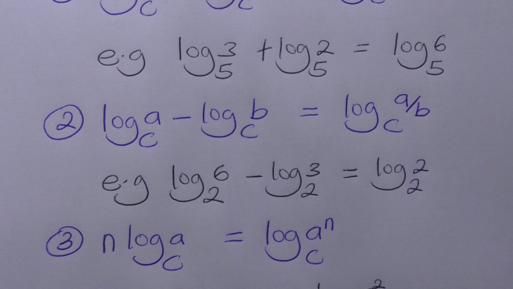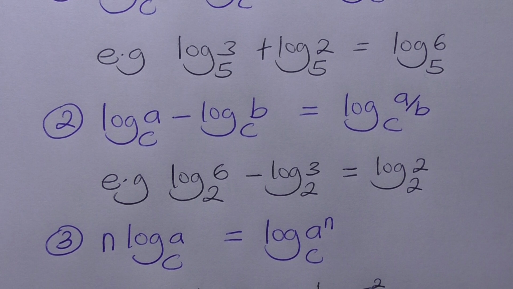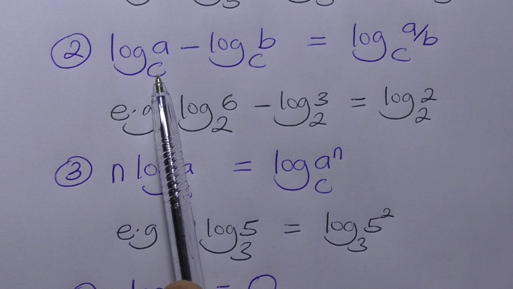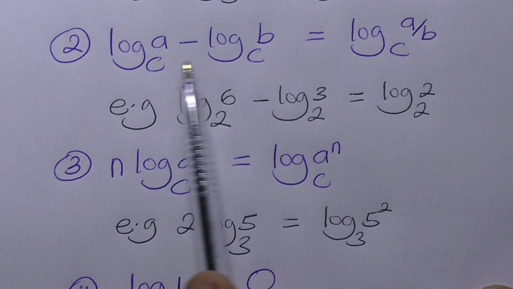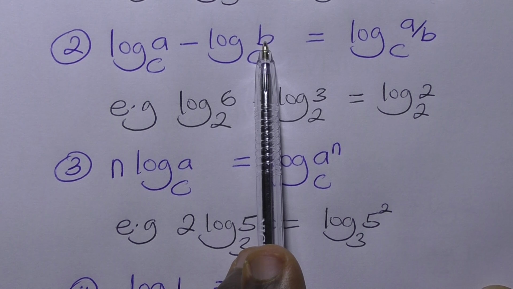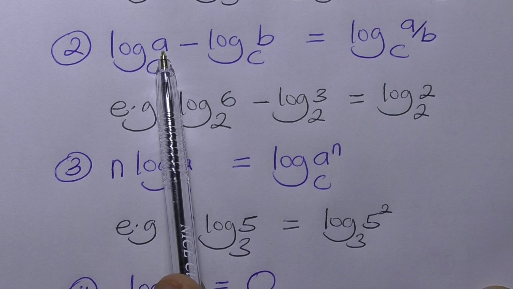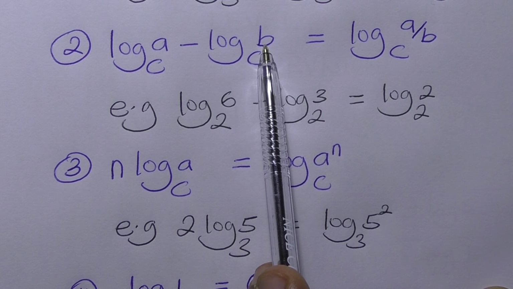What if the bases were not the same? We had to first make sure that we change them so that they appear the same. We come to our second law, which says that when I'm subtracting logarithms having the same bases, I simply divide the powers. However, when I'm dividing the powers, I will divide the power of the first logarithm by the power of the second logarithm.